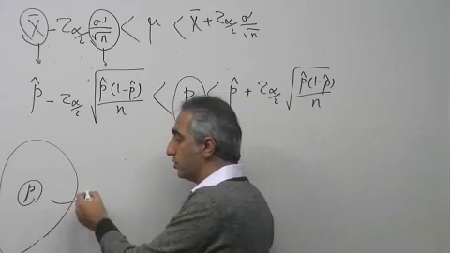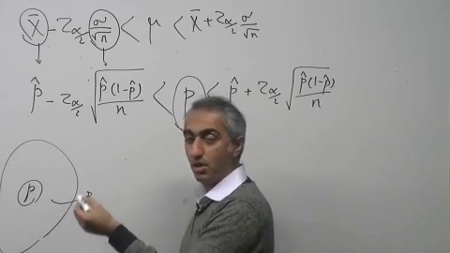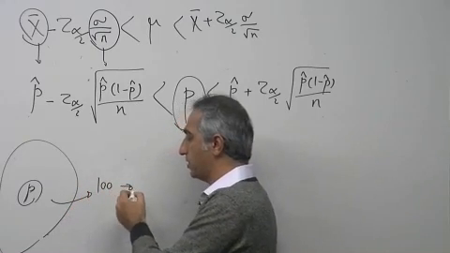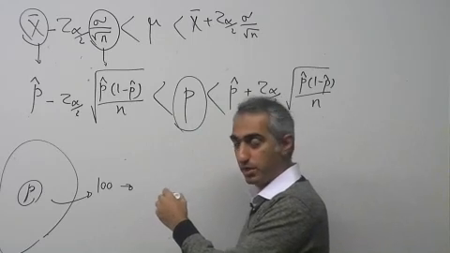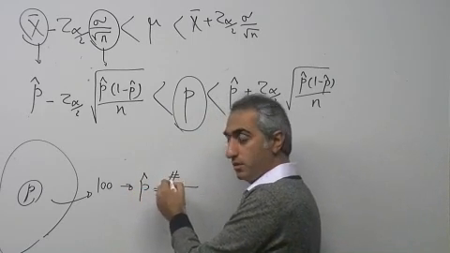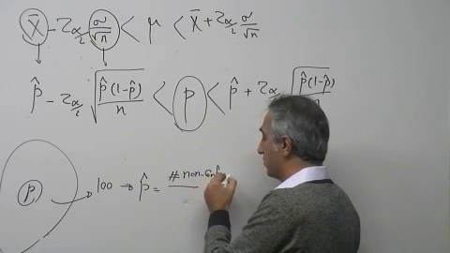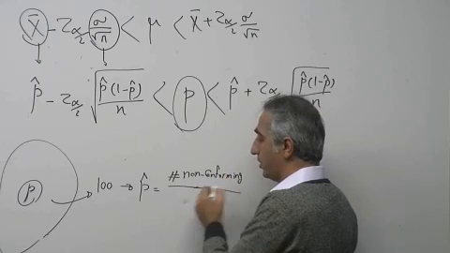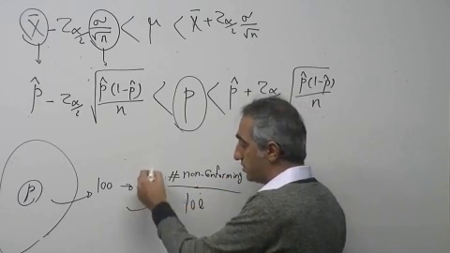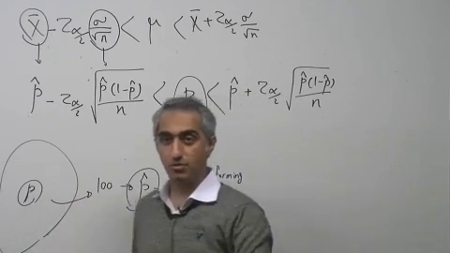Then what you do, you randomly sample 100 of them. Based on that, you can find how many of them are non-conforming. So your p hat is the number of non-conforming divided by 100. Then you use this information to find a confidence interval for the actual proportion.